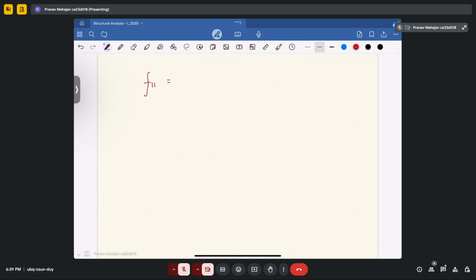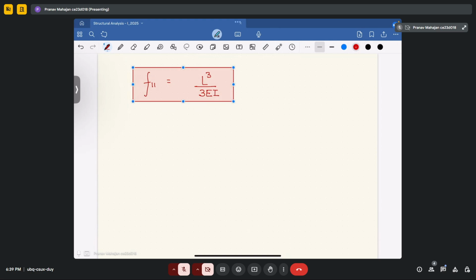Okay. So your final value for F11 will be equal to L cube upon 3 EI. And you can confirm this from your standard result also when you have a point load at the free end. In that case, the result is equal to PL cube upon 3 EI.